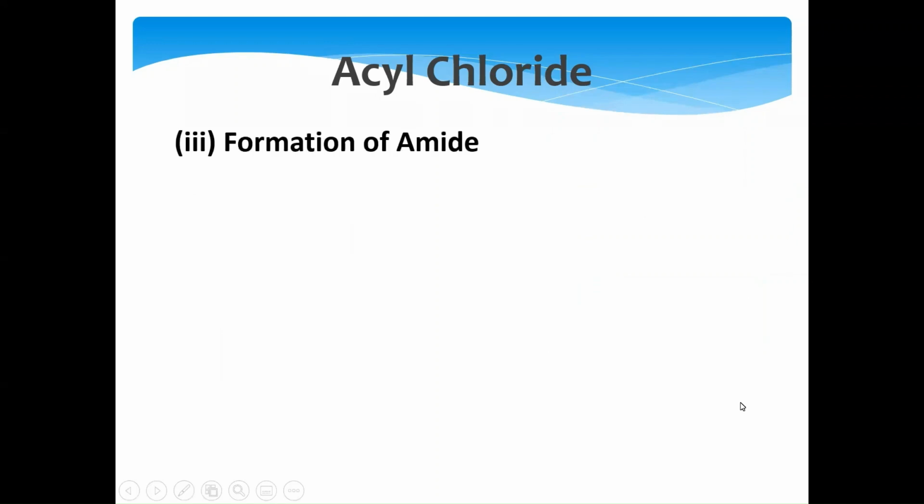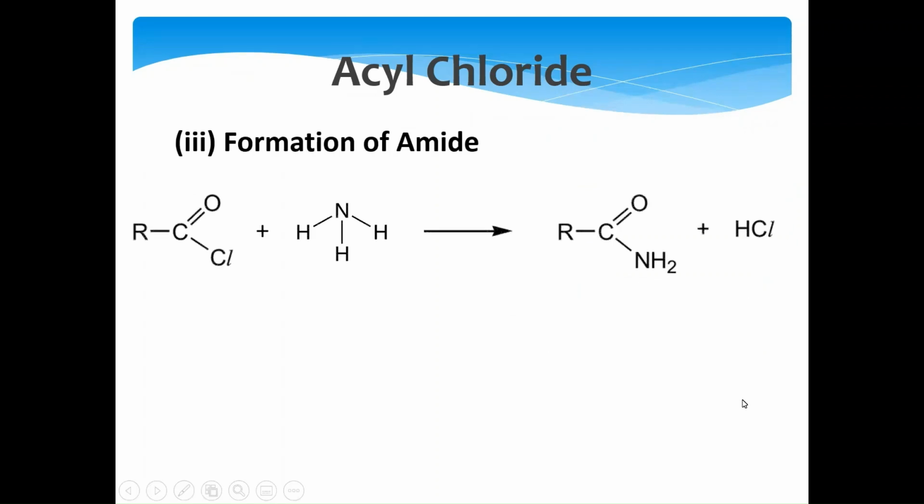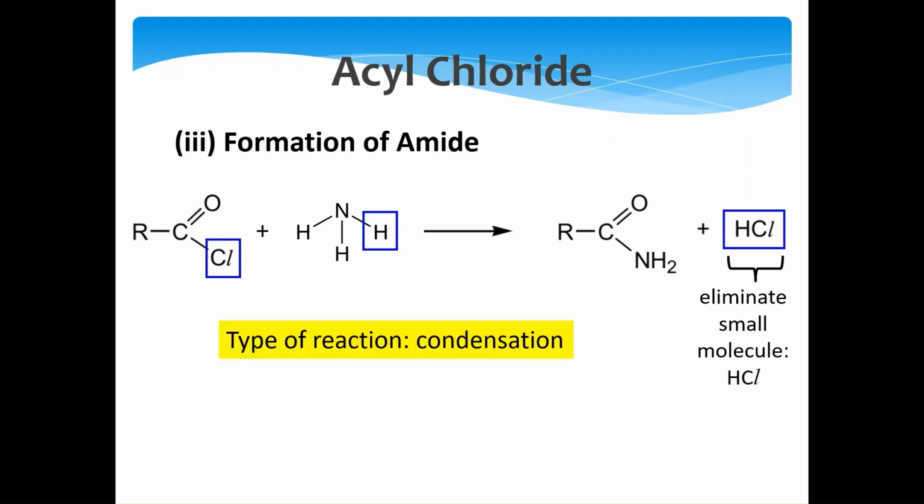Acyl chloride can also form amide. This equation will illustrate how this is also a condensation reaction because HCl will be eliminated in this process. Take note that this is a similar reaction to that between alkyl halide and amine. So acyl chloride plus NH3 in this case can give you an amide, and of course plus HCl.